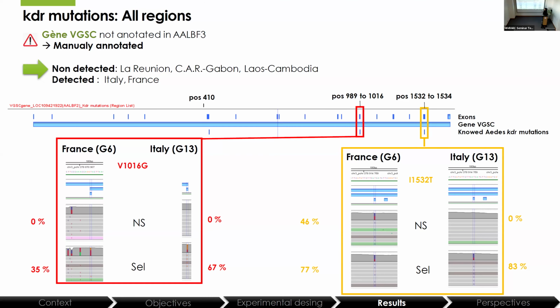And in France, this mutation was present in the non-selected line at a high frequency. And so we find those 2 mutations both in France and Italy populations.